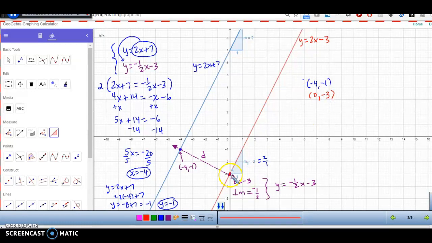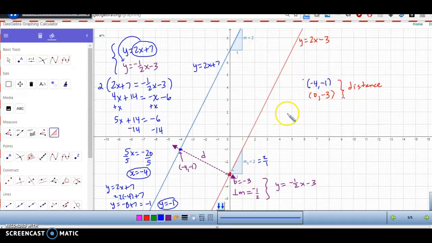That is the point of intersection of my purple perpendicular with my red parallel line. And so what do I need to do now? I need to find the distance between those 2 points, and that will be the distance between the lines.